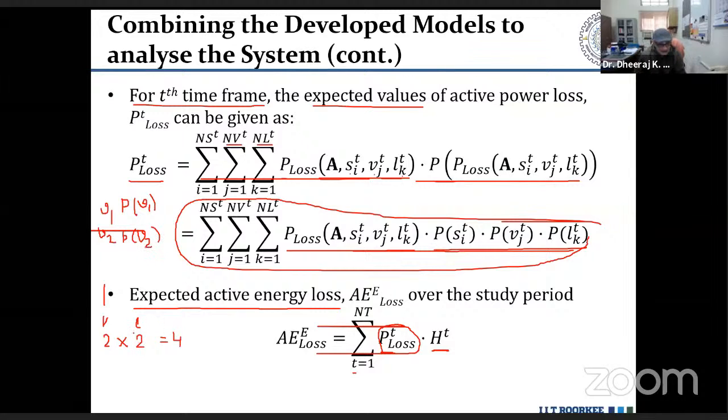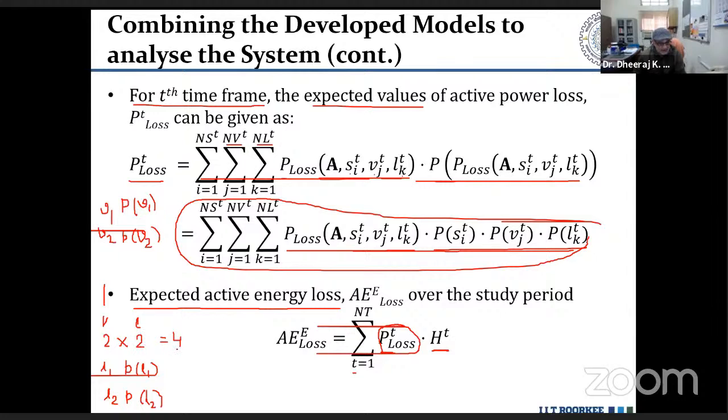Similarly, we have for load also L1, corresponding probability as P L1, L2, P L2. So two possible values of wind speed, two possible values of load.